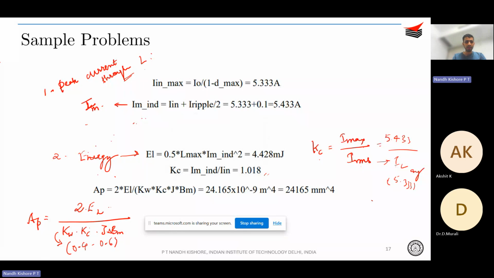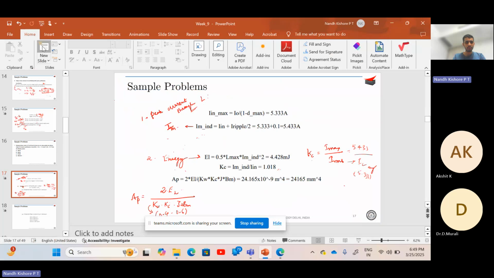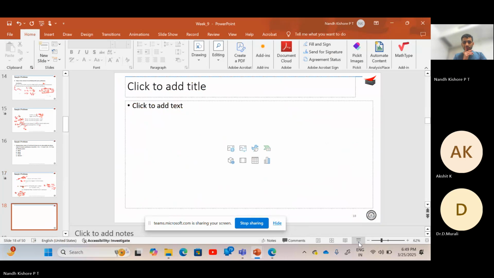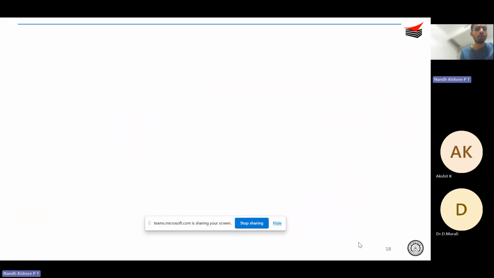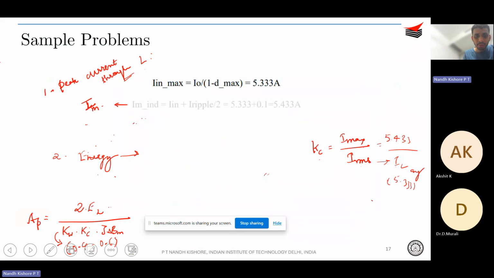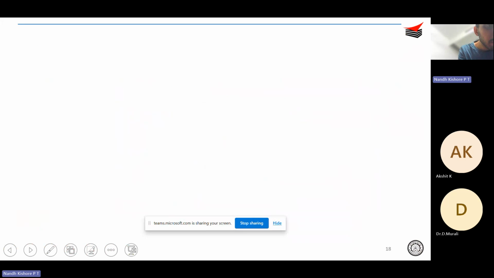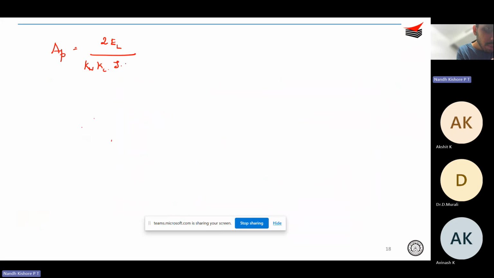Let me write this up on a separate slide. Your motive is basically to find the area product. Area product is 2EL divided by Kw, Kc, J, Bm into delta B. EL is equal to half L Im square.